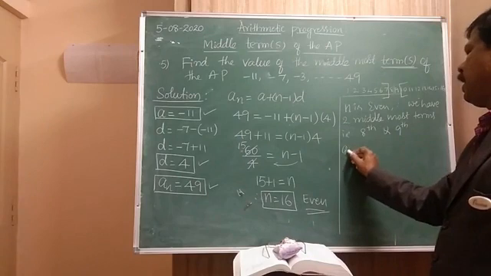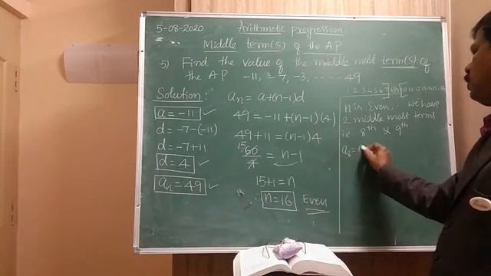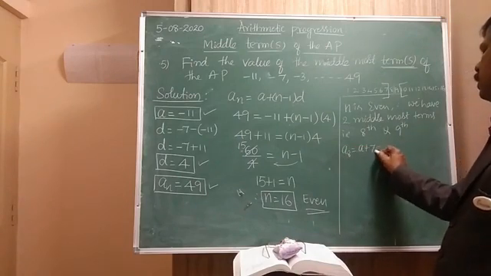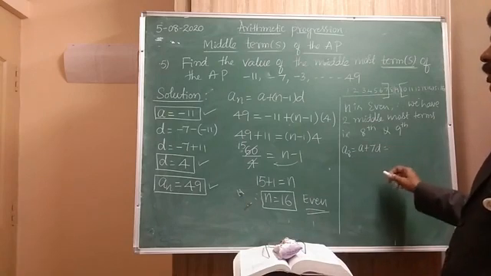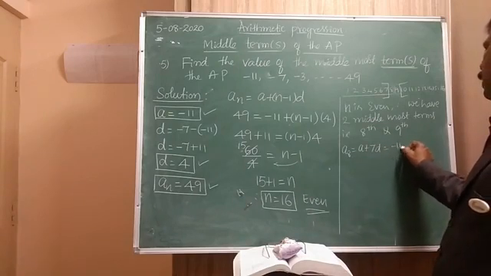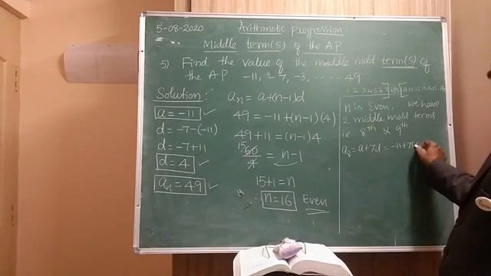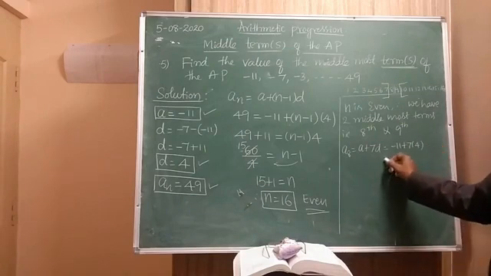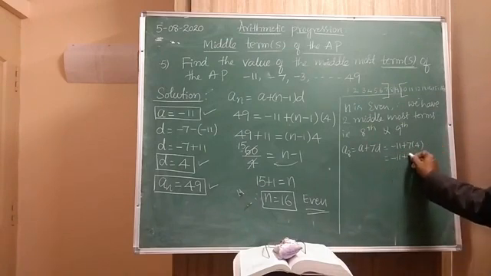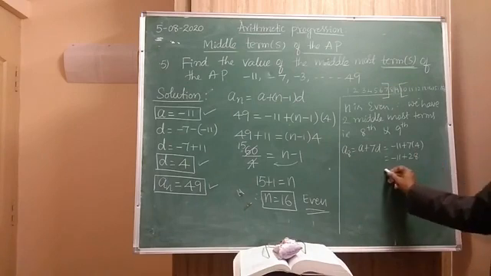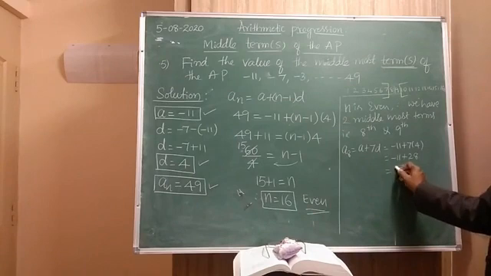So a8 is equal to a plus 7d. So a is minus 11 plus 7 into 4. This is minus 11 plus 28. 8 minus 1 is 7.